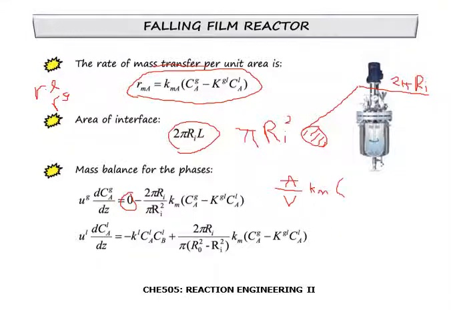So k times the gradient of CA at G minus CA at L. This A is the area of interface, so we can calculate it this way. Put it in, divided by the volume, and we get this. Then for the liquid, we have already defined the reaction at liquid.